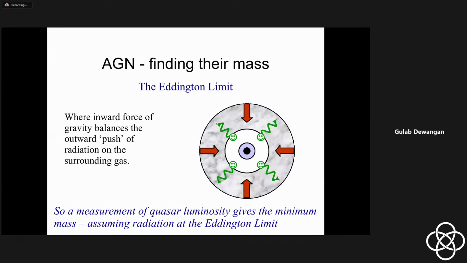So let's go through how people estimate the masses of AGN. Of course, there are more accurate techniques, but let's go through how one can easily estimate it by measuring the luminosity.